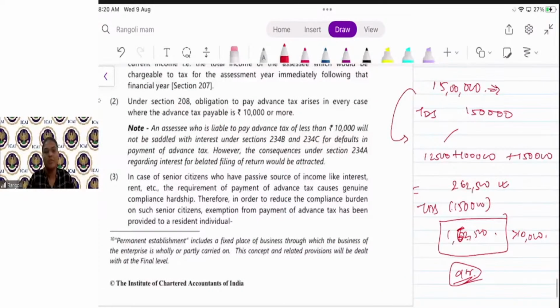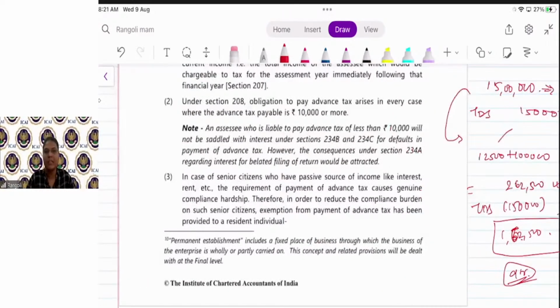Now, the provision of advance tax is not applicable in case of a senior citizen who does not have any business income. So if a person is a senior citizen and not having business income, then the senior citizen is not required to pay advance tax. They will pay tax at the time of filing return of income, to avoid genuine hardship to senior citizens.